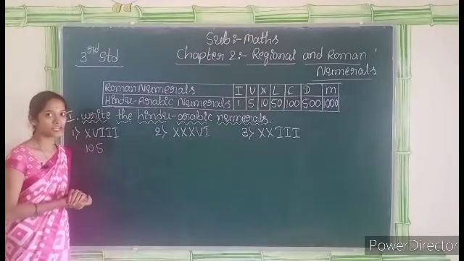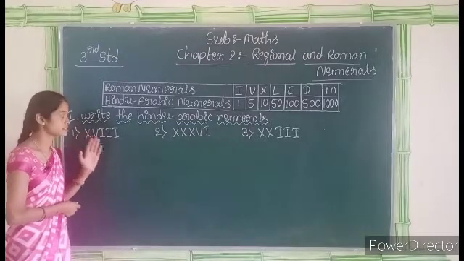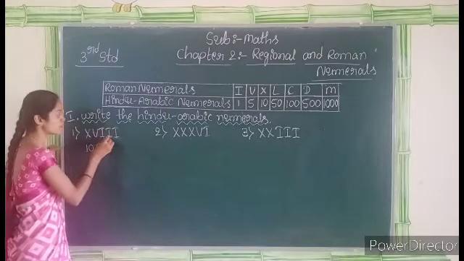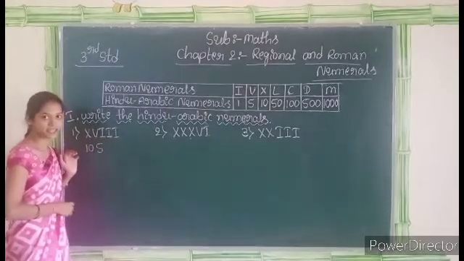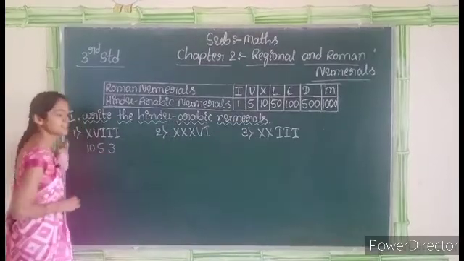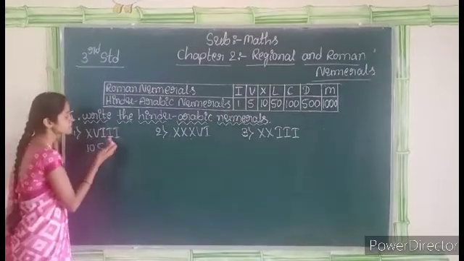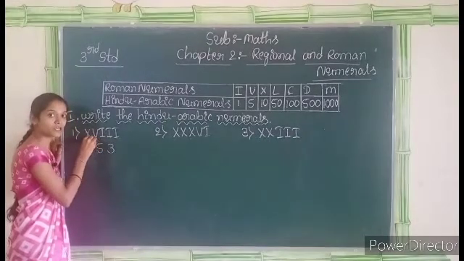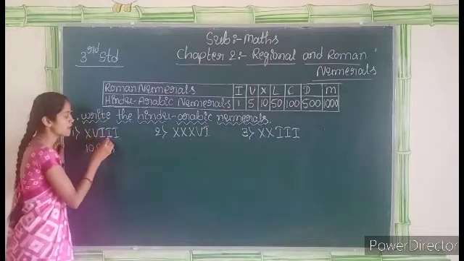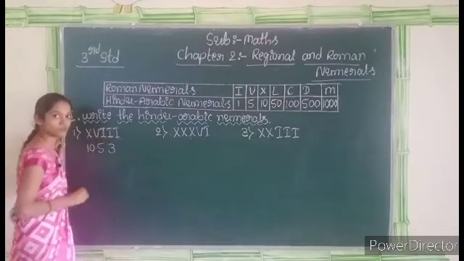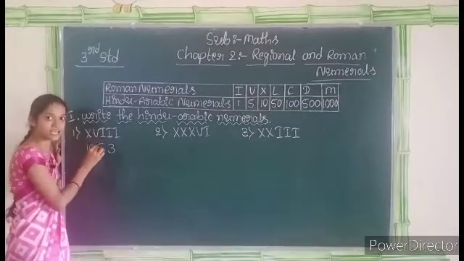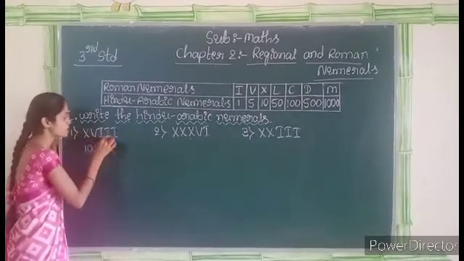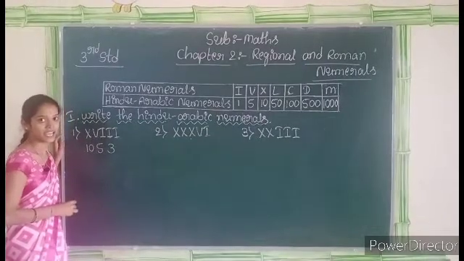In the rules I already told you that when Roman symbols are successively repeated, we have to add those values: 1 plus 1 is 2, 2 plus 1 is 3. Triple I represents 3, and this 3 is smaller than 5. In Roman numerals, the symbol of the smaller value is written on the right side of the greater value. At this time we have to add these two values, that is 5 plus 3, we get 8.